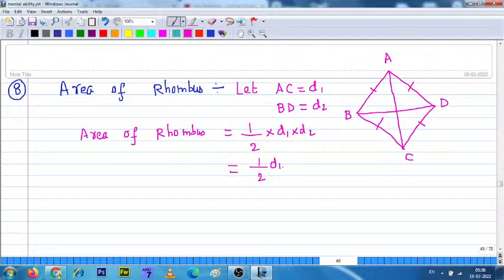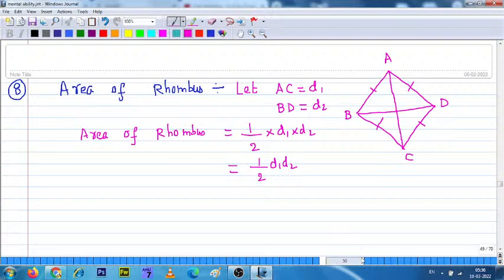Here D1 is the length of the first diagonal and D2 is the length of the second diagonal. The formula half D1 D2 should be remembered. Asha, absolutely correct.